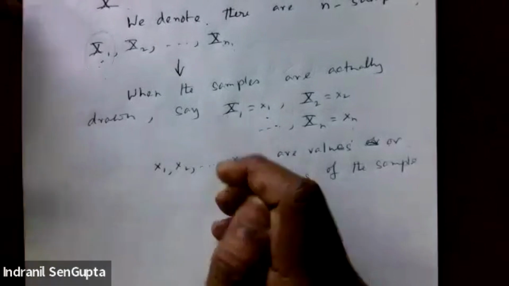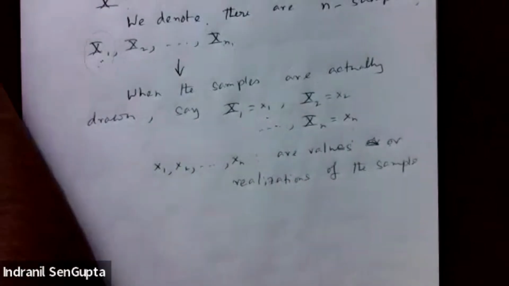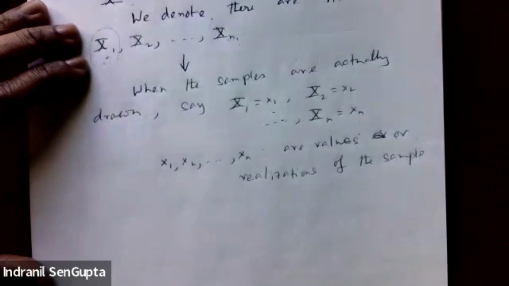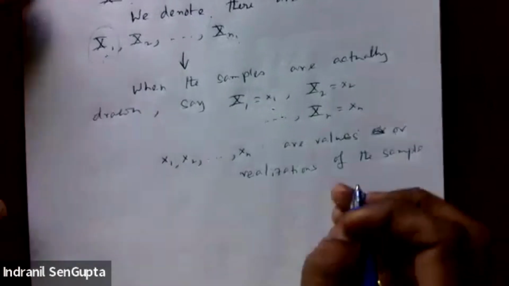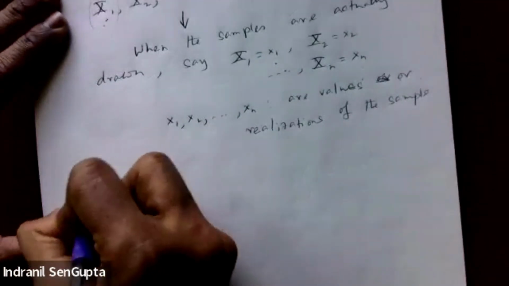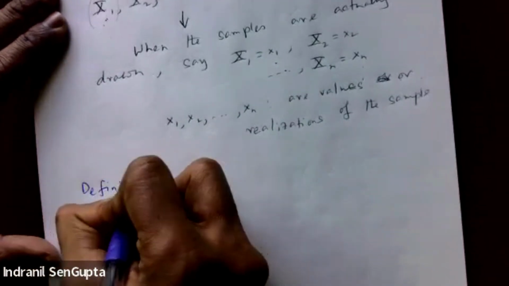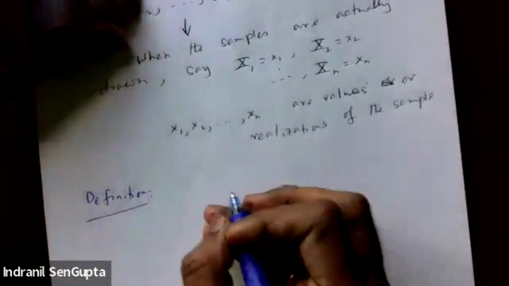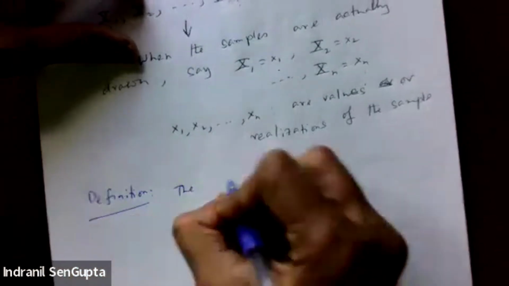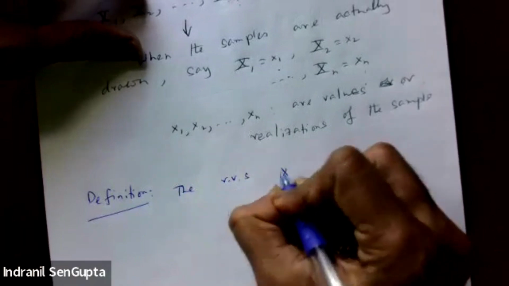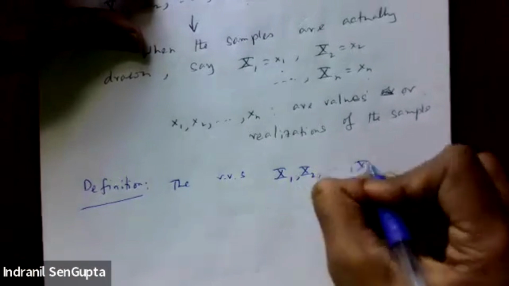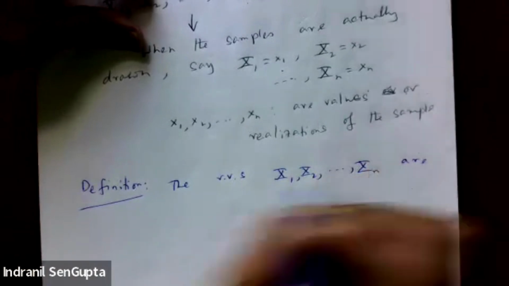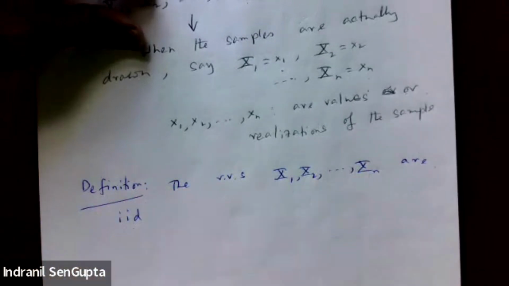Okay, so now we're ready to define something very important. With this prelude, here's my definition. The random variables X1, X2, up to Xn are IID.